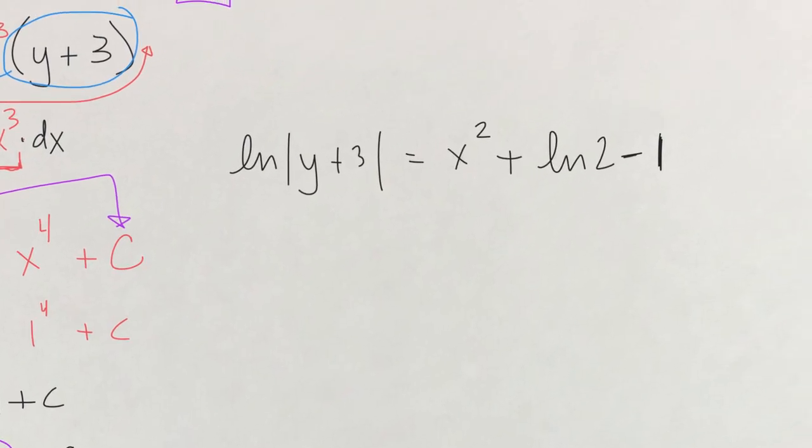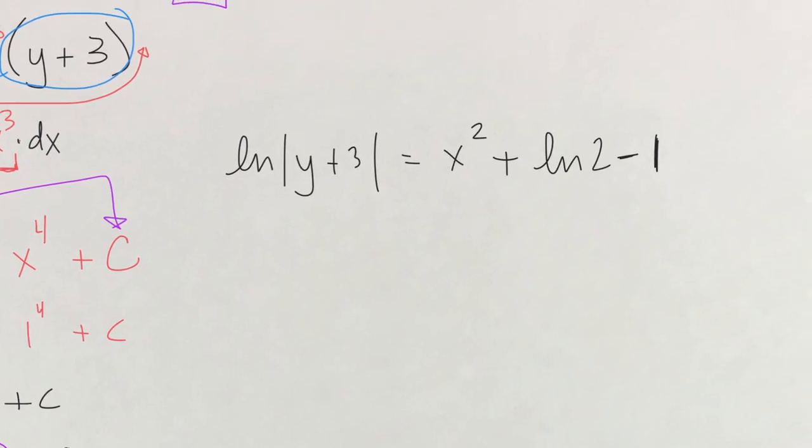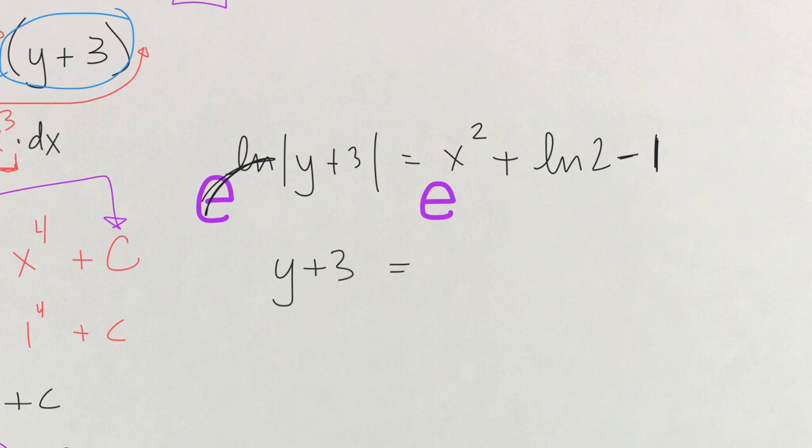So we have this wonderful equation that we now need to get rid of the natural log, and we do that by exponentiating. So both of these become powers of a base of e. And we do that, of course, because the natural log of e cancels itself out. Those are inverse operations.